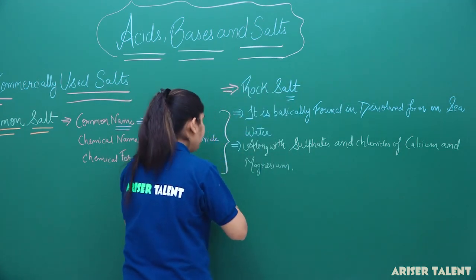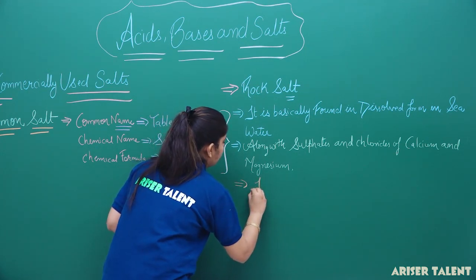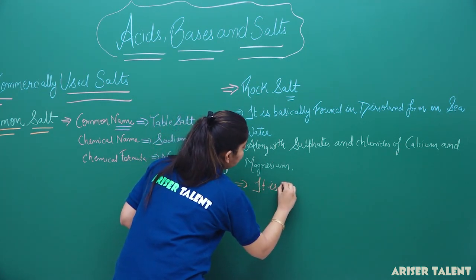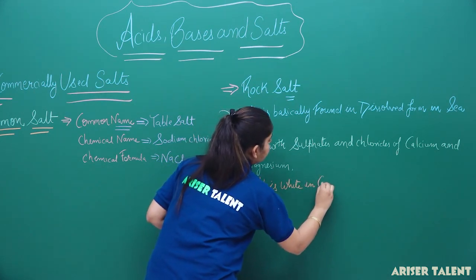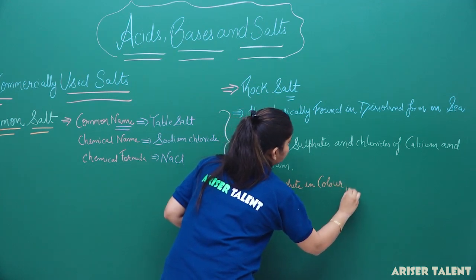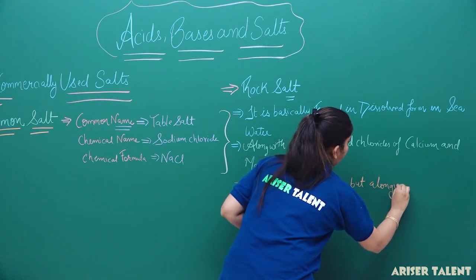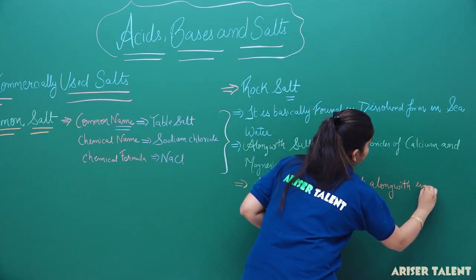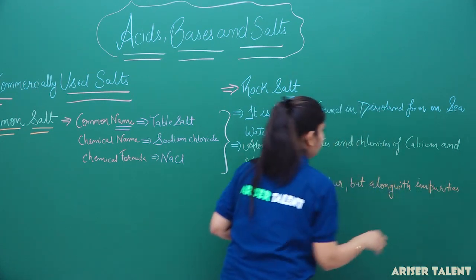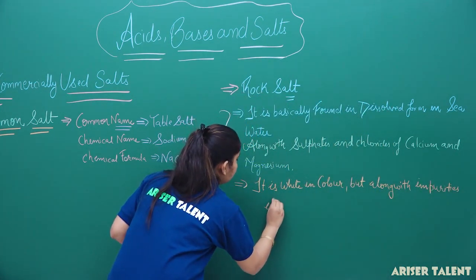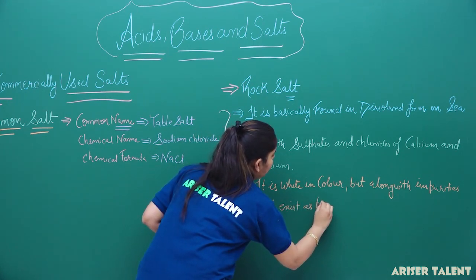So, the third point will be it is white in color, but along with impurities, it exists as brown color.